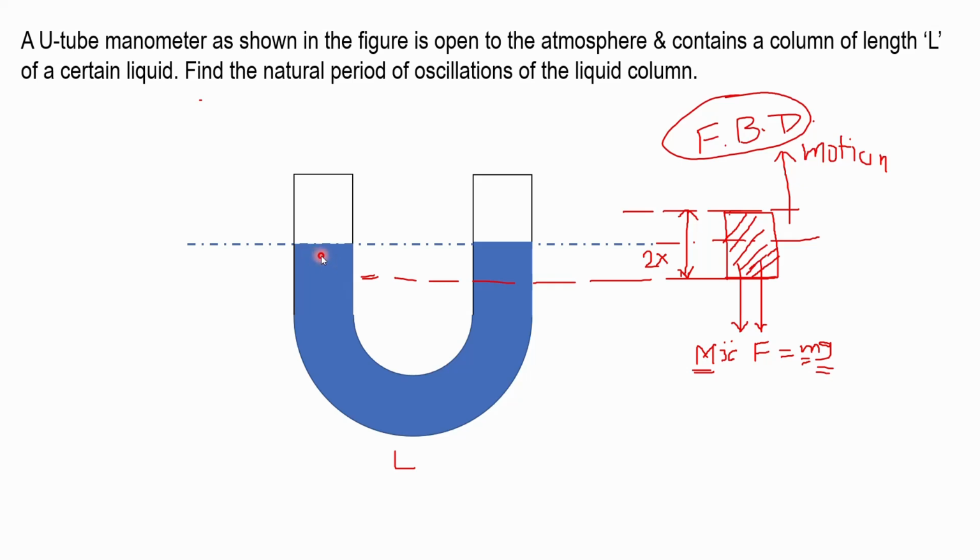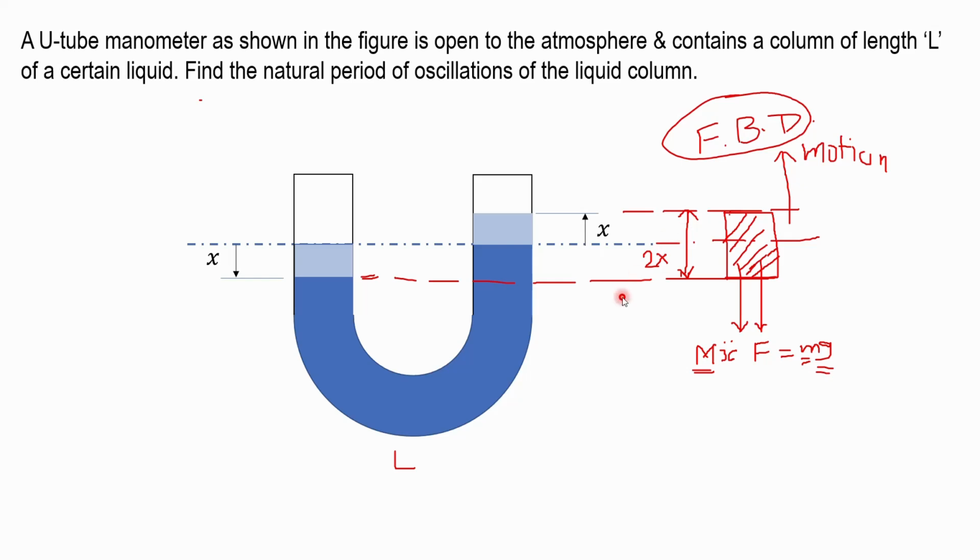Suppose you displace the liquid in the downward direction like this by tilting the U-tube manometer. Correspondingly, the level will go up in the other limb. So this is the left limb where the liquid level is going down. This is the right limb where the liquid level is going up. So suppose this level is X in the downward direction, the same will be in the upward direction also.